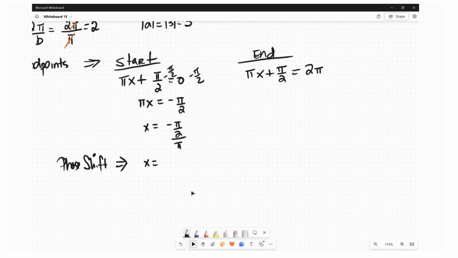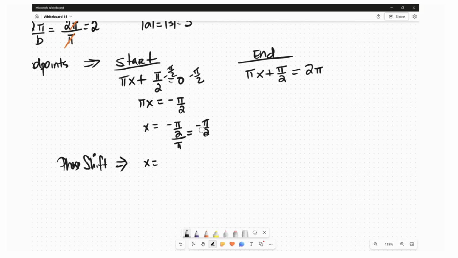Negative 2? Say it again. A couple y'all said something at the same time. What is it? Negative pi over 2. Okay, go ahead. Why, when you put negative pi over 2, then you divide by pi?